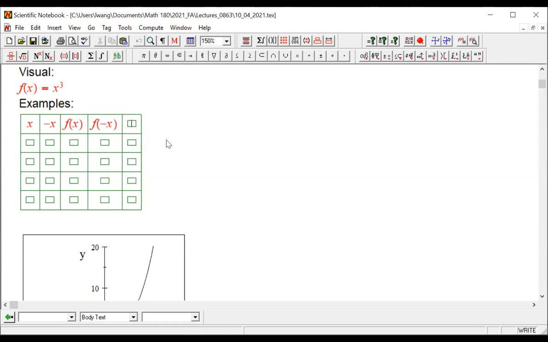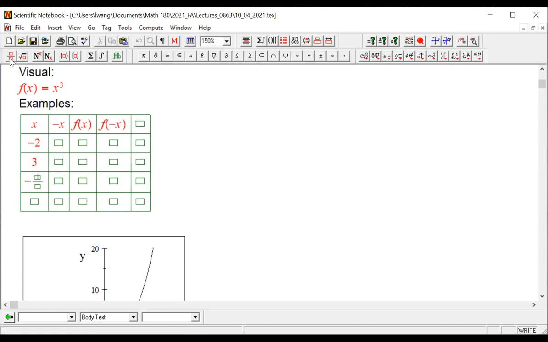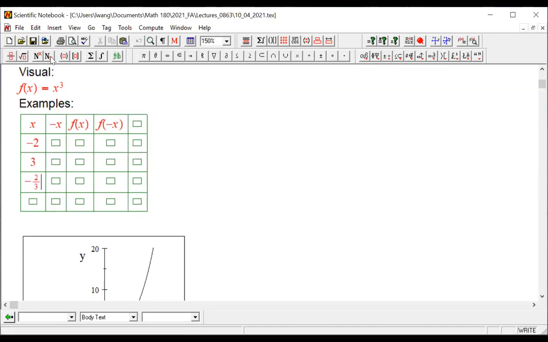So now I'm going to give you some values, say negative 2, positive 3, negative 2/3, negative 5.